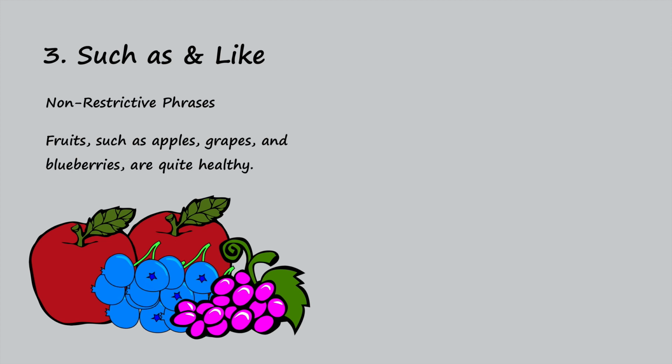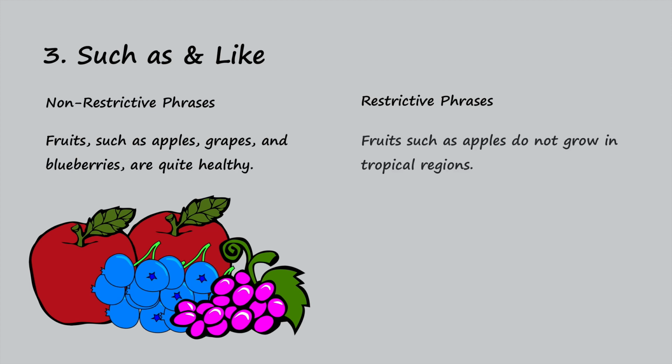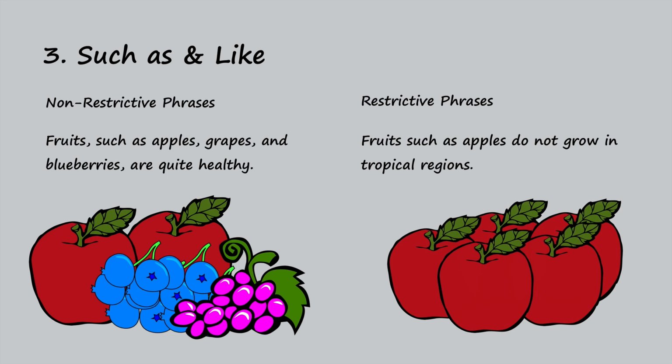If you do not use commas, the phrase is restrictive, or necessary to the meaning of the sentence. The sentence, fruits such as apples do not grow in tropical regions, is not the same as saying fruits do not grow in tropical regions, which is simply not true. Many fruits grow in tropical regions.